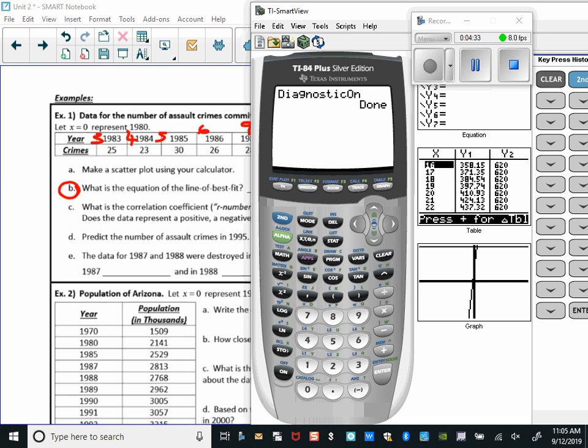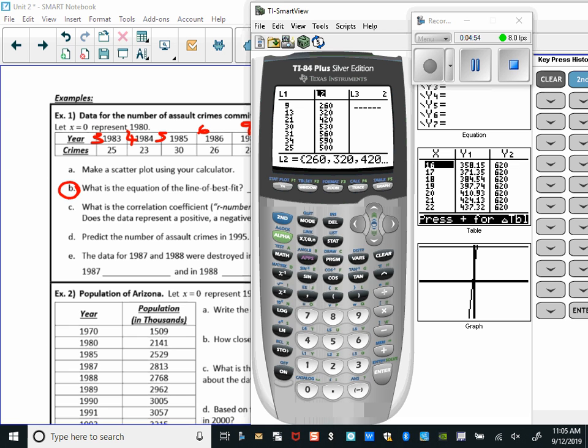Now if you remember back from Algebra 1, making your line of best fit, you're going to go to your stat, and you're going to hit enter. If you are having any calculator issues, just wait, see if a neighbor can help you, and if not, I can come around and help you at the end, but let me get through all of this first.